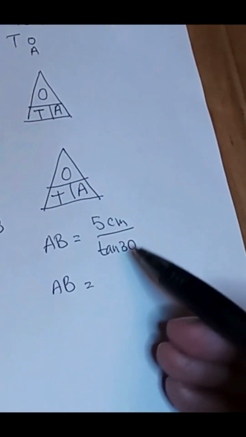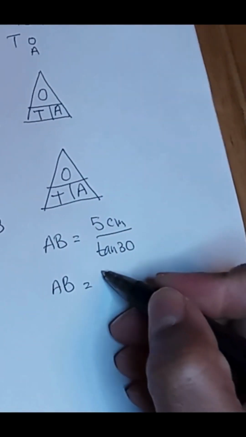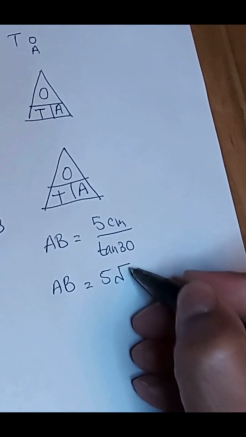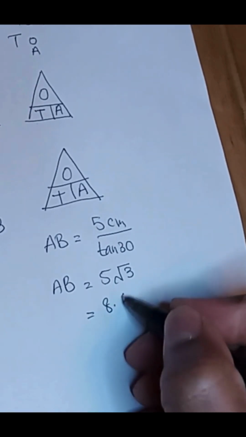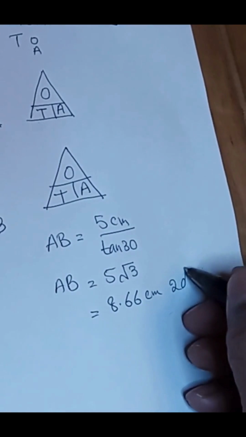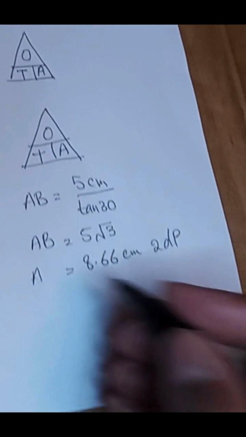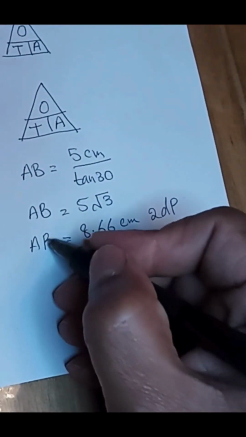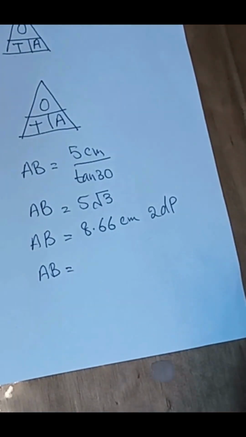Okay, if we put all this information in, 5 divided by tan 30 gives us 5 root 3, which equals 8.66 centimeters to 2 decimal places. But normally in the exam they will ask us to write this length to 1 decimal place or the nearest centimeter.